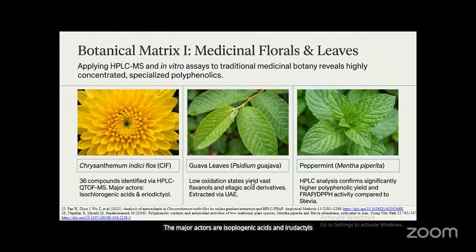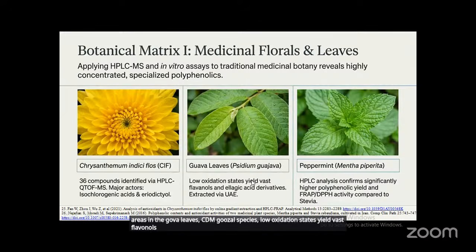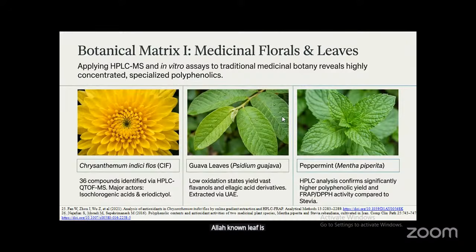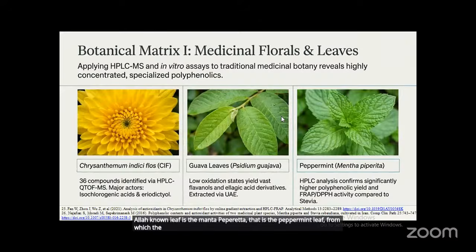Whereas in guava leaves, Psidium guajava species, low oxidation states yield vast flavonols and ellagic acid derivatives extracted via ultrasound-assisted extraction method. Similarly, the Mentha piperita leaf, that is the peppermint leaf, from which the HPLC analysis confirms significantly higher polyphenolic yield and FRAP and DPPH activity compared to stevia.